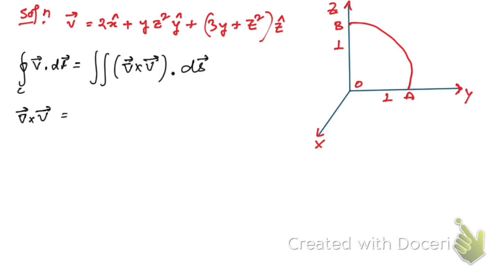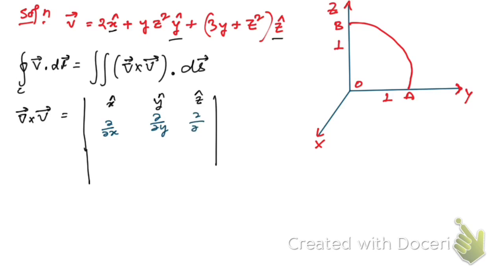So how to find it? Here we're going to write x cap, y cap and z cap. Instead of k cap, we're going to write z cap, because instead of i cap, j cap, k cap, here x cap, y cap, z cap are used. So first we have del x, then del y, then del z.